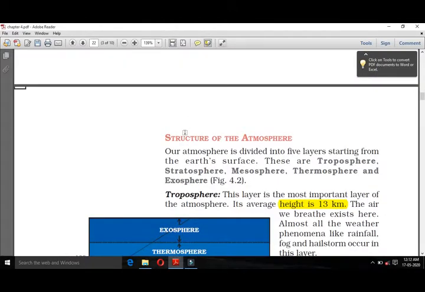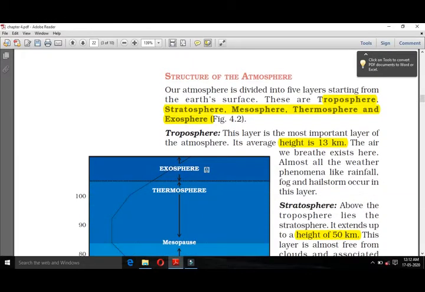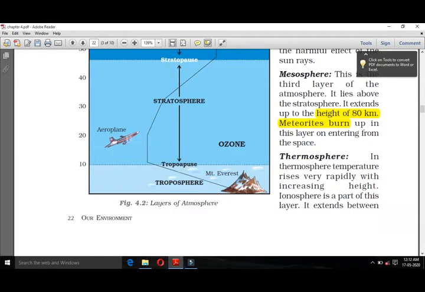Now we are going to discuss the structure of the atmosphere. There are 5 layers in our atmosphere. These are the troposphere, the lowest layer, and then stratosphere, mesosphere, thermosphere, and exosphere. Look at this diagram, and you can see the troposphere.